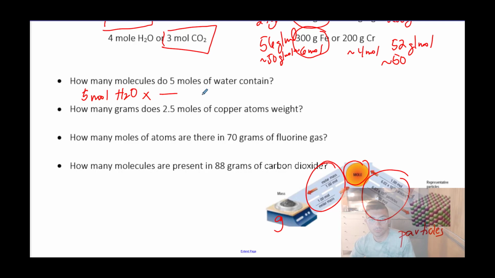We know from Avogadro's number that each mole of water, and again I'm putting that in the denominator to cancel, contains 6.02 times 10 to the 23rd molecules of water. We plug that into the calculator. We're going to get 3.01 times 10 to the 24th water molecules.